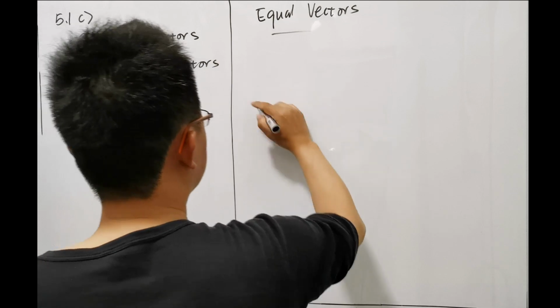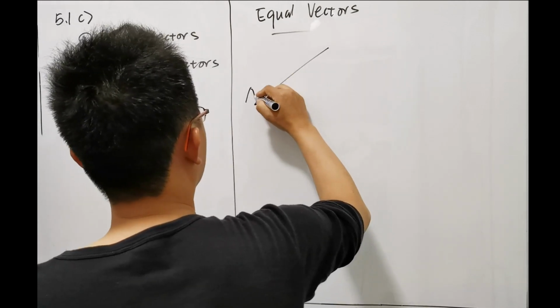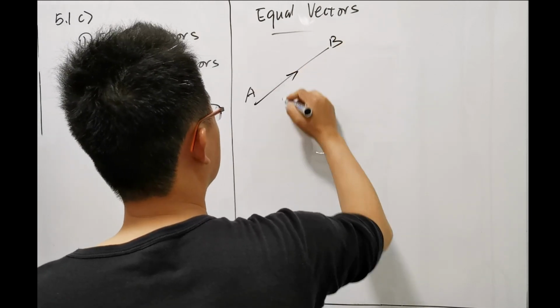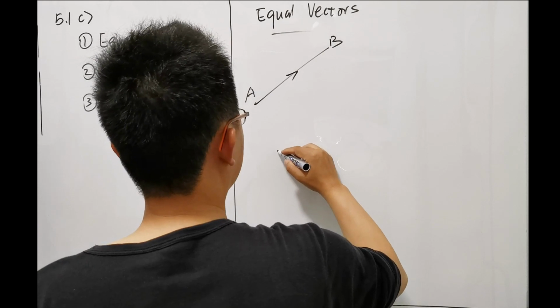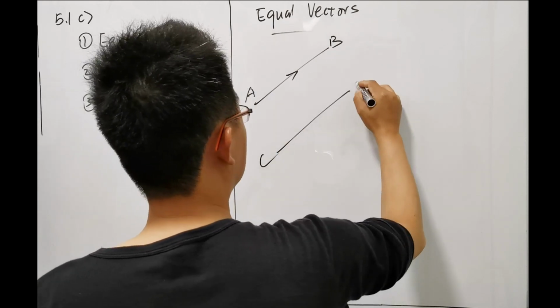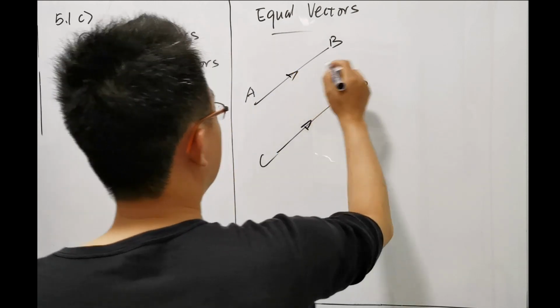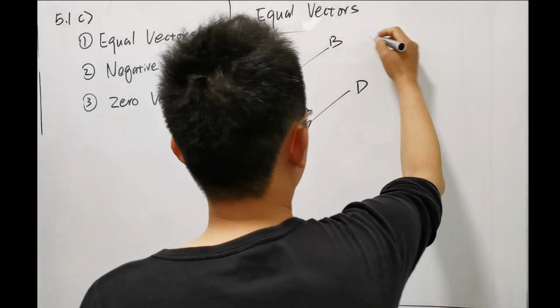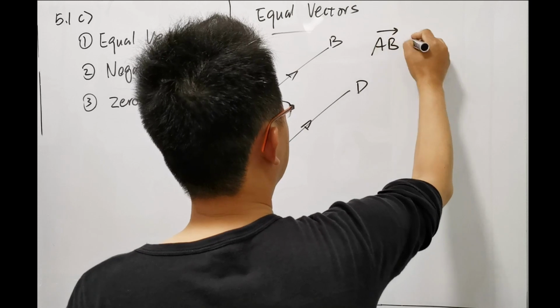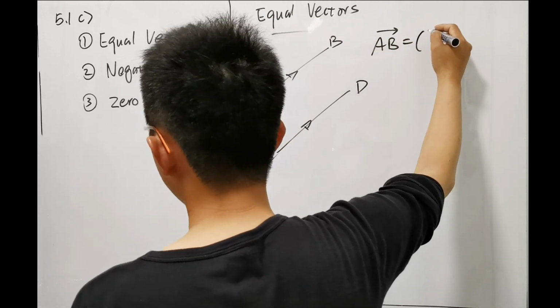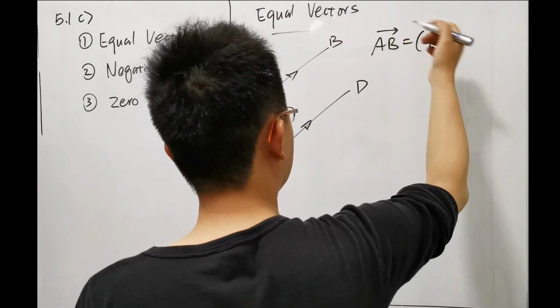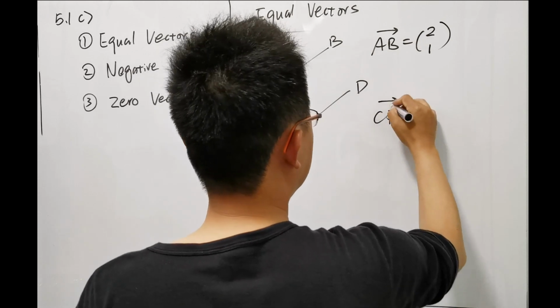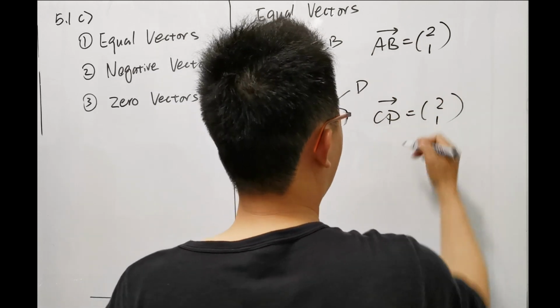Okay, so for example, we have two lines, A to B in this direction, and another line, C to D. Okay, so basically, let's say AB equals (2, 1), and CD equals (2, 1) also.